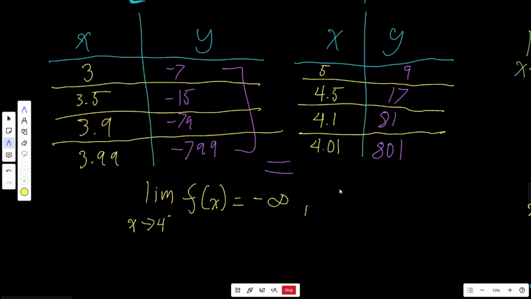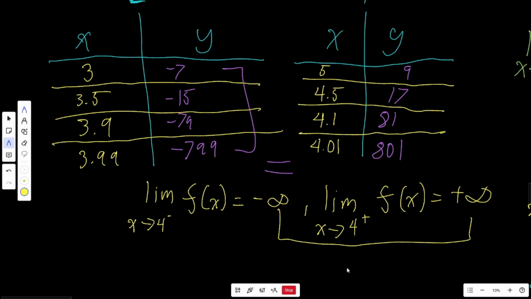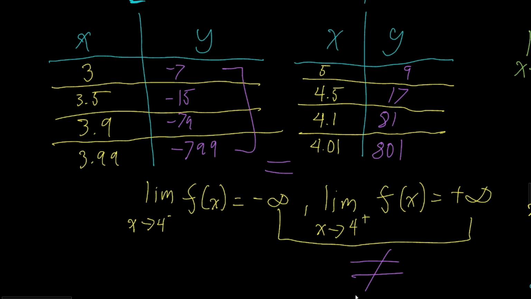On the other hand, the limit from the right, as x approaches 4, is approaching positive infinity. Are these two equal? They are in fact not. So that means that the limit does not exist at x equals 4.